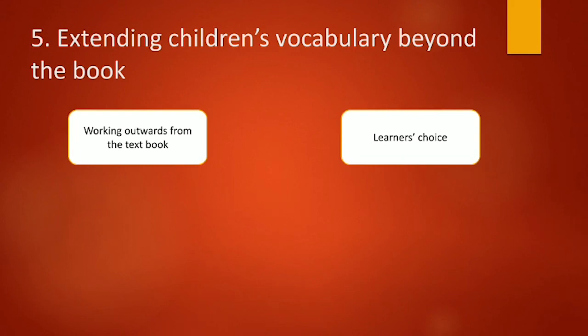Maybe we can pick the theme for them, for example, wild animals. The teacher could write wild animals on the board and ask the children what they already know and which words they would like to know in the foreign language.